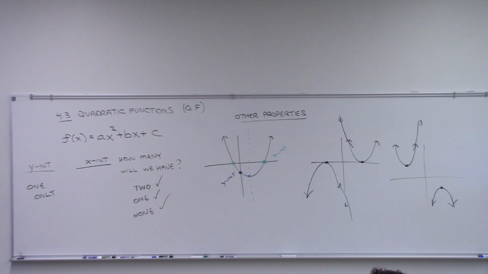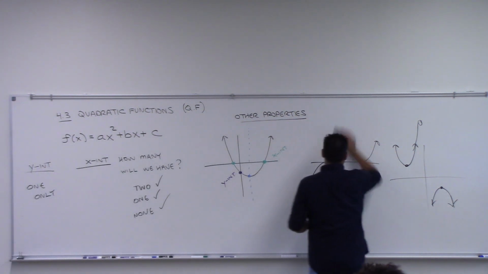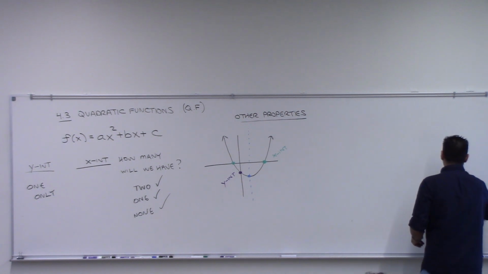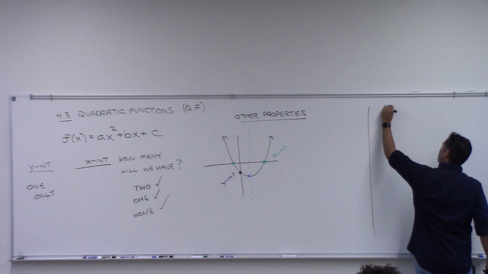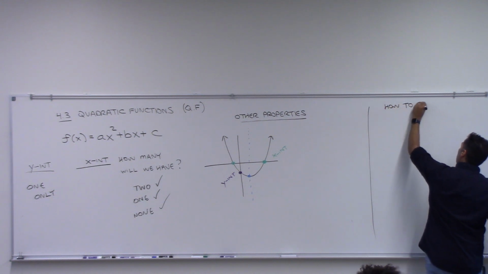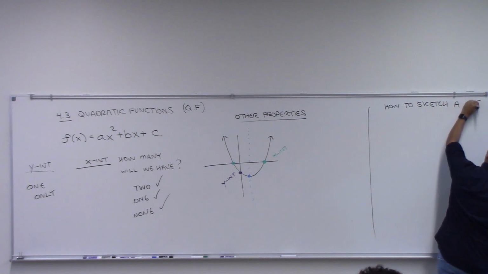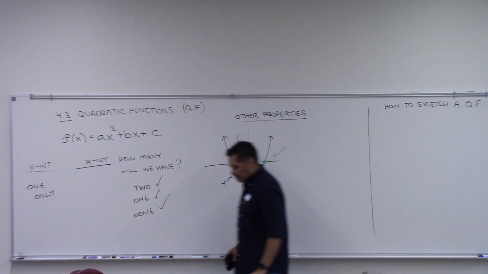All right, let's write the steps down. I'm going to put the steps, they may not make sense right away, but then when we do an example, hopefully they will. Okay, how to sketch a quadratic function.